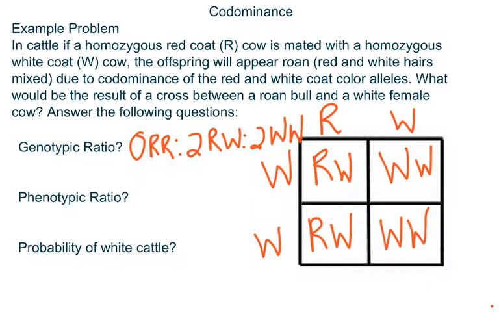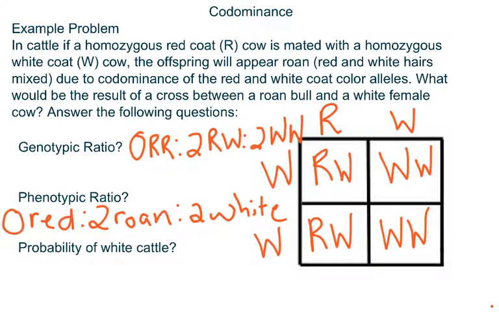So this is what you would write on your worksheets, but often you could just write 2 capital R, capital W's, or 2 WWs. Then phenotypic ratio, what does it look like? So in this case, you would say 0 red, 2 roan. So remember, roan is the red and white together. And then 2 white.